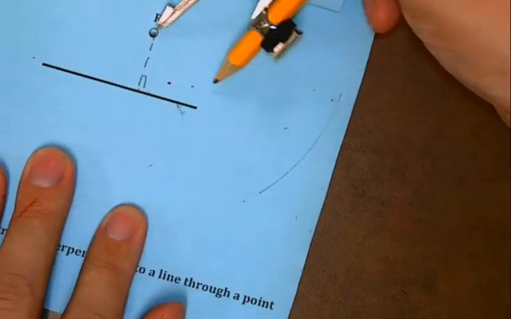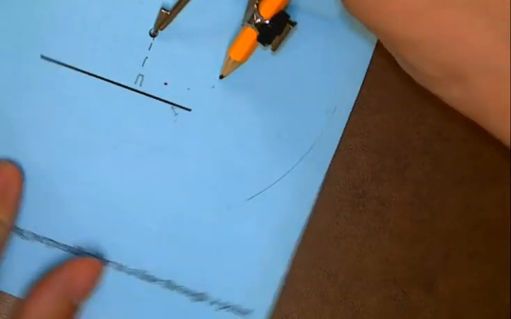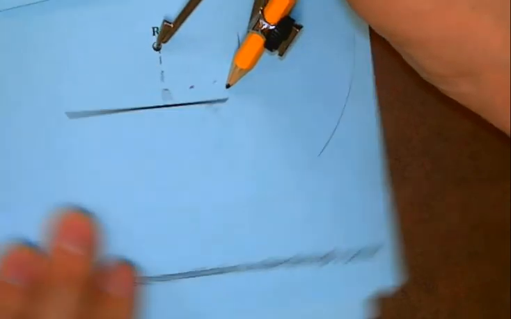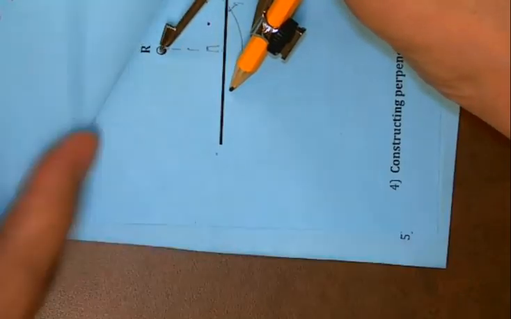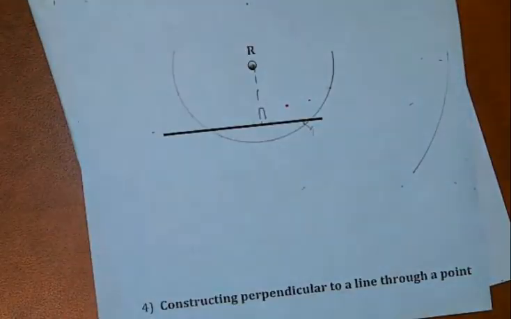So what I'm going to do is draw from R a half circle. I'm going to start here, and I'm going to draw me a half circle. Okay? Do you see my half circle?